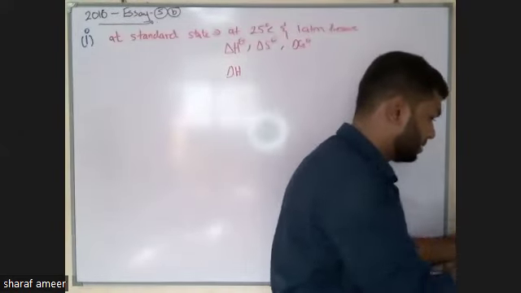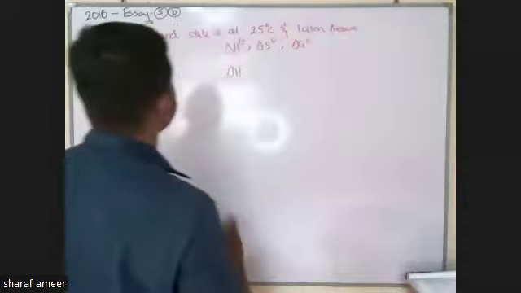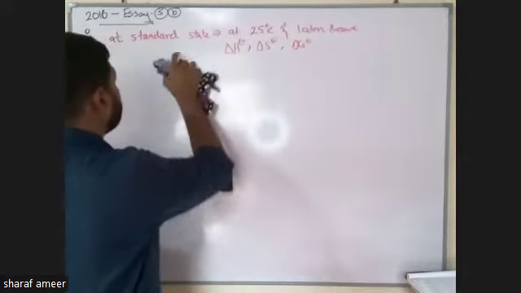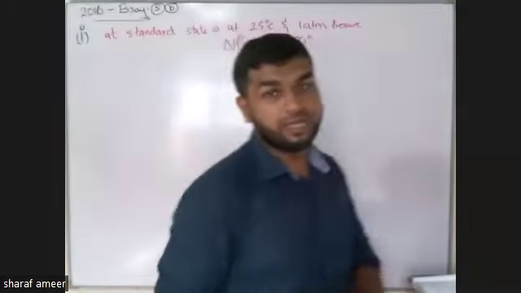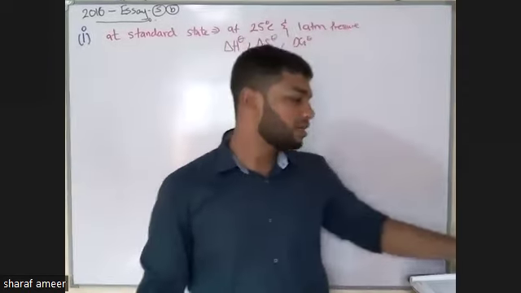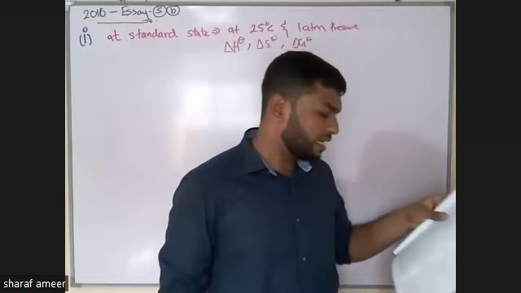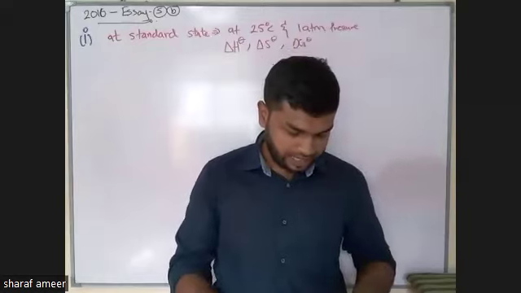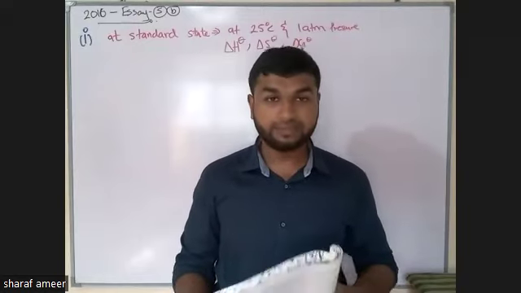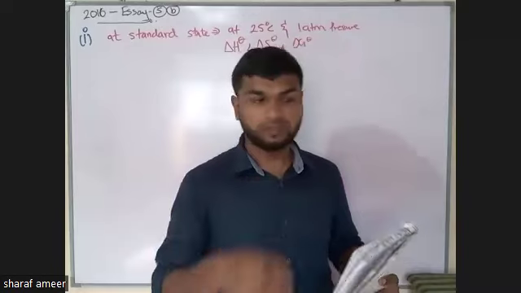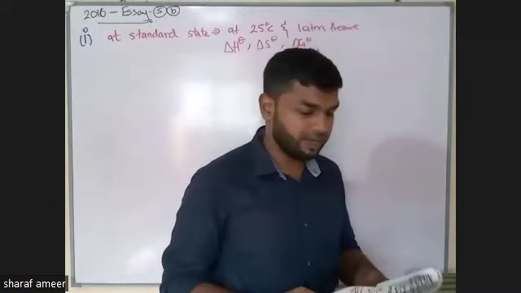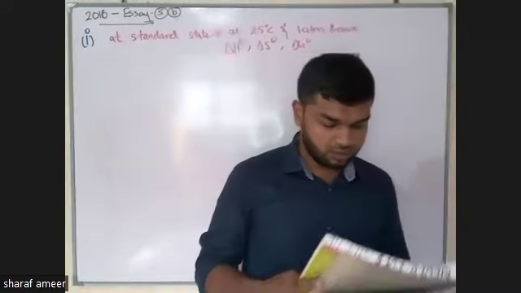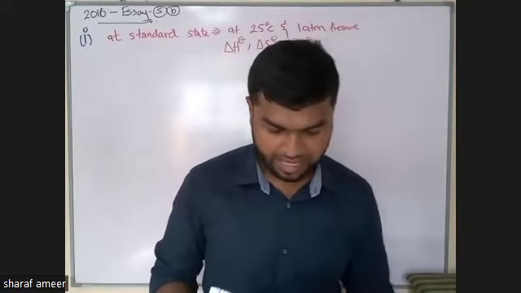So you need to know this, because in the exam paper, some of you will be in a hurry, so you will be writing just delta H theta, delta S theta. There you won't get marks just for writing the equation in that manner. So you have to say clearly what is happening here.